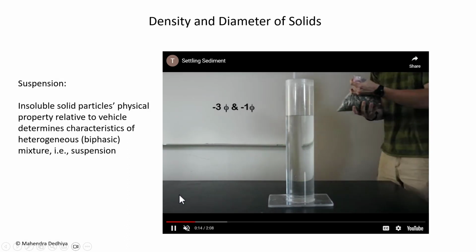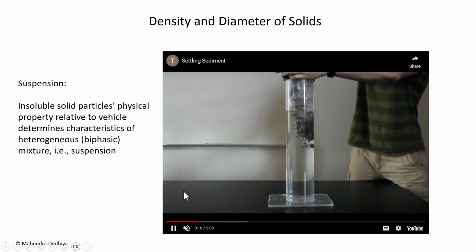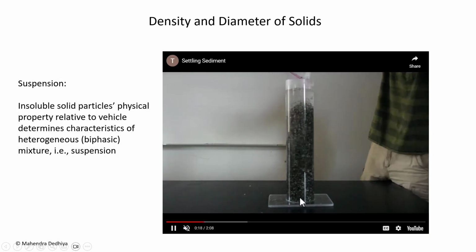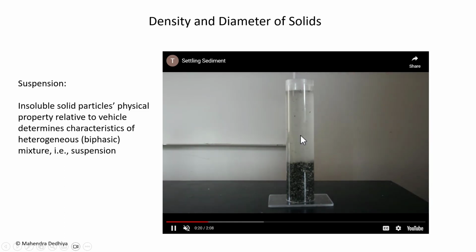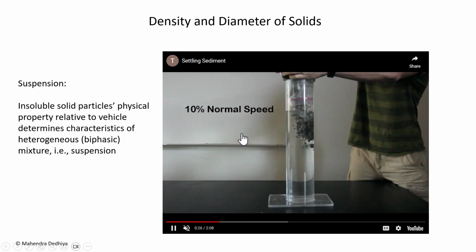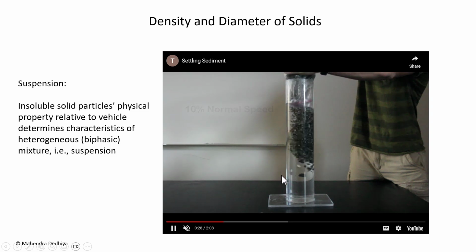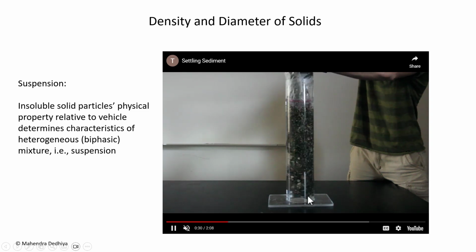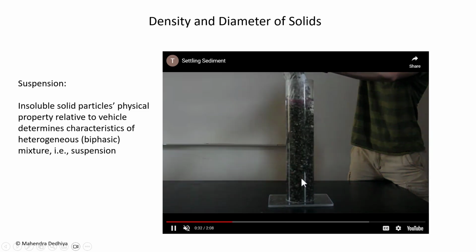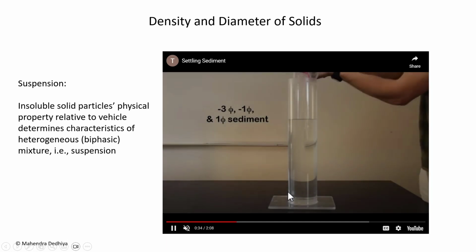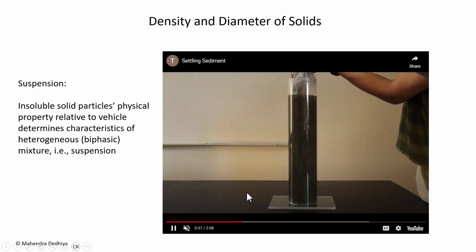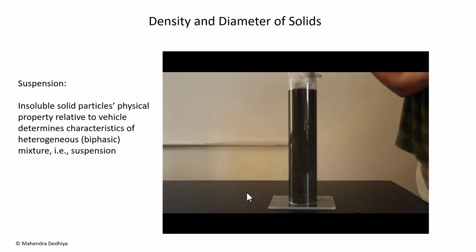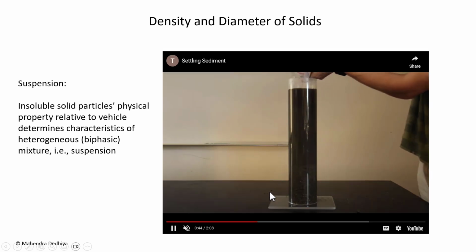Solids are added at different particle sizes, and you'll see a finer material suspending. At slow speed, one can readily see the denser material with a larger particle size settling faster. If we reduce the particle size further, it will take a longer time to settle.